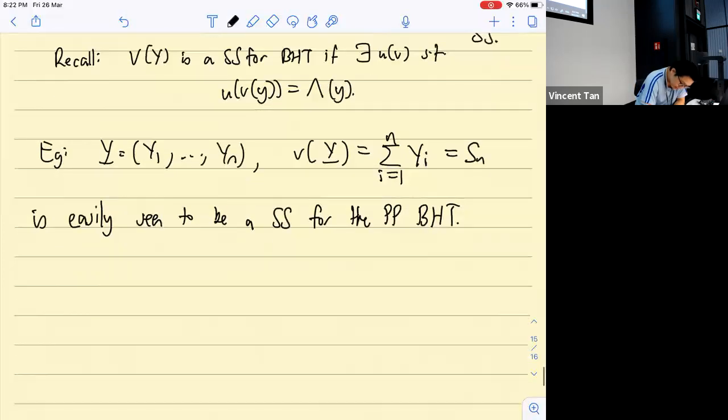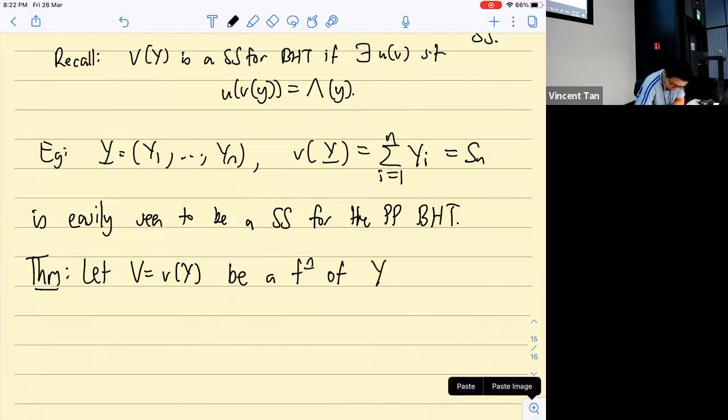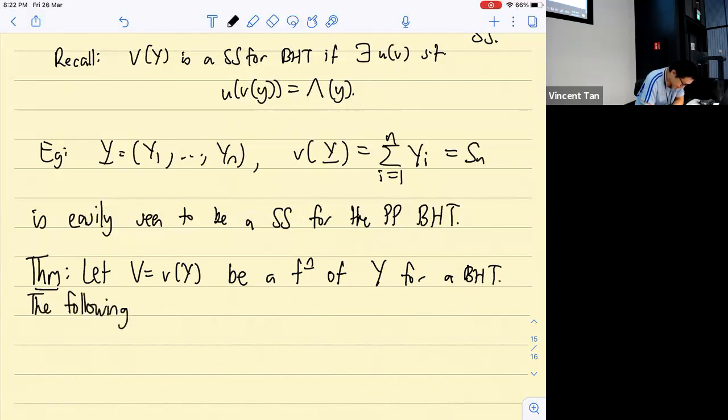Okay. So what are some equivalent characterizations of sufficient statistics? Okay, theorem. Let V equal V of y be a function of y for a binary hypothesis test. The following are equivalent, and we will prove this.